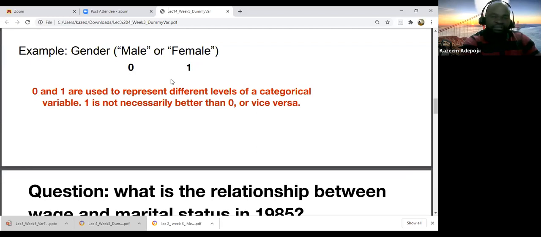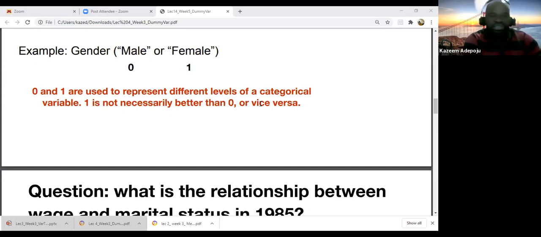It's just like when you look at zip code. Okay, zip code is more or less like a qualitative and not quantitative. If I'm living at MN 55447 and somebody is living at MN 55429, that doesn't mean that somebody who has a bigger value is bigger than the other one.